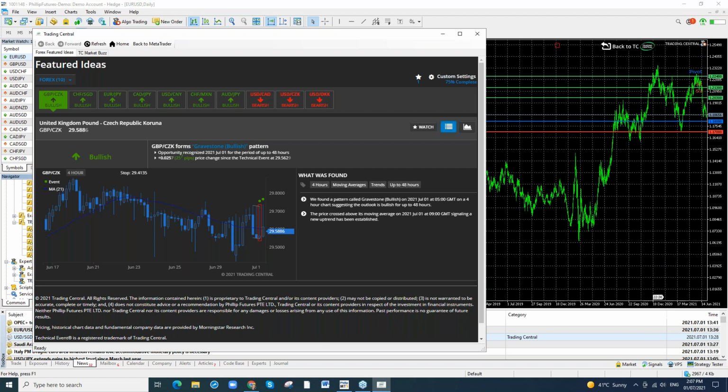And we are looking to identify what we call technical events. So a technical event is a moment in time when a technical indicator has triggered an insightful signal or a chart pattern. And this has formed telling us that the price situation is changing.